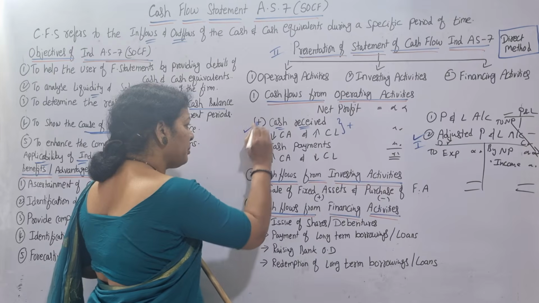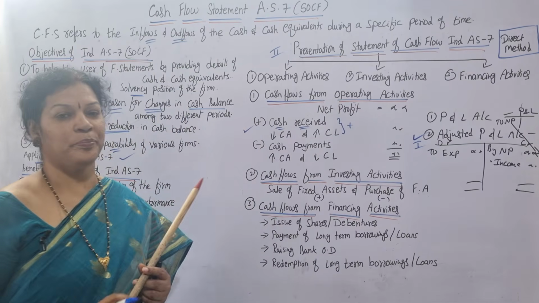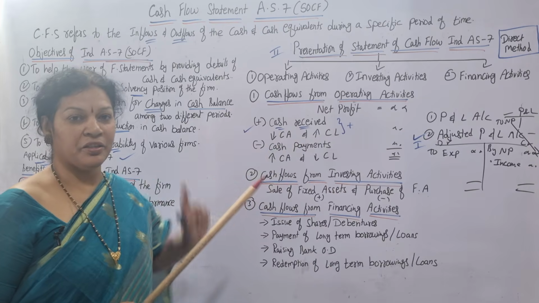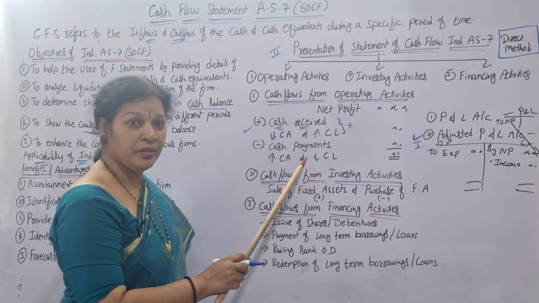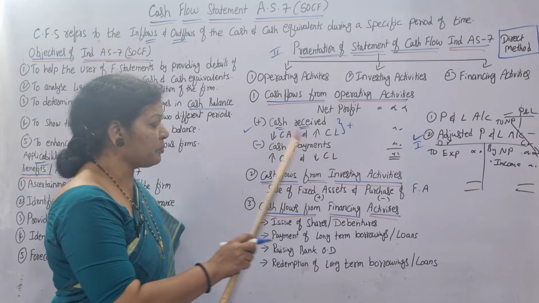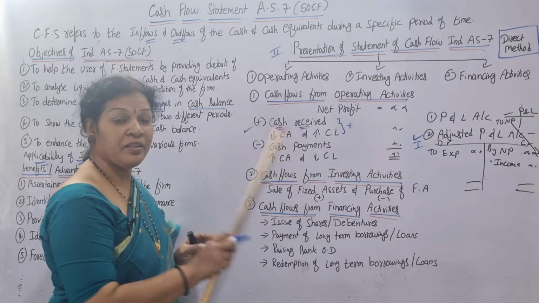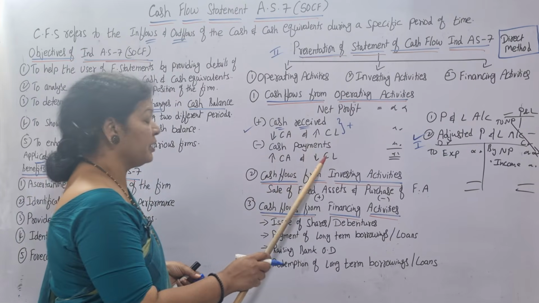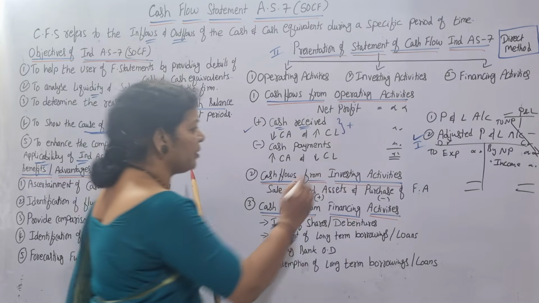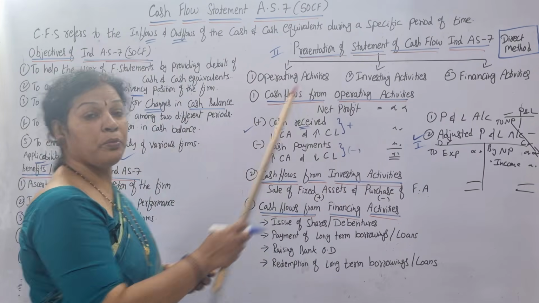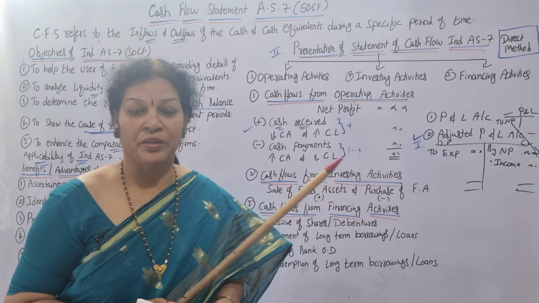If you are able to remember this, it is quite easy. Added: cash received, current assets decreasing, current liabilities increasing. Deducted: cash payments, current assets increasing, current liability decreasing. So these items we deduct, so that you get cash flow from operating activities.